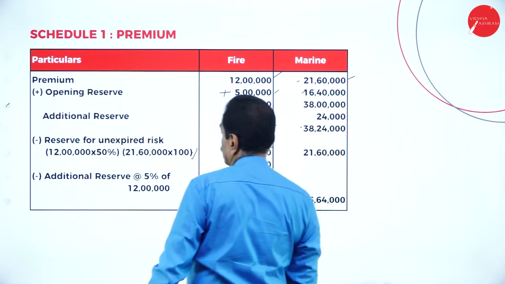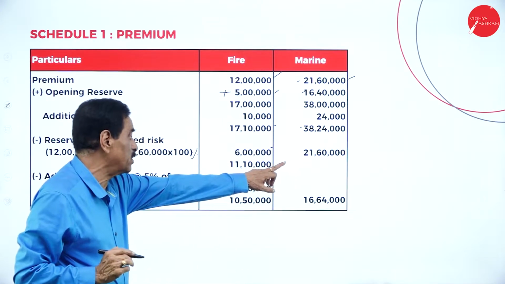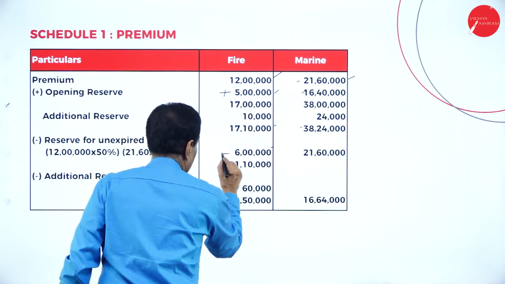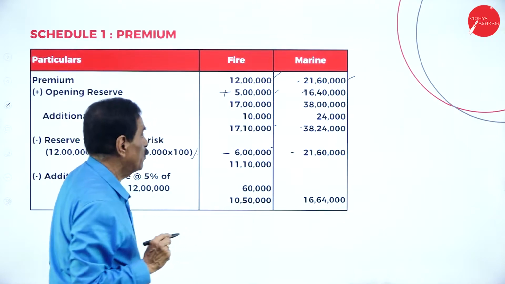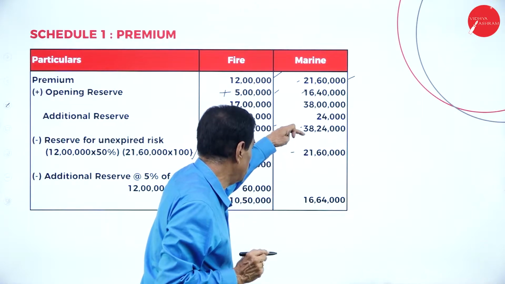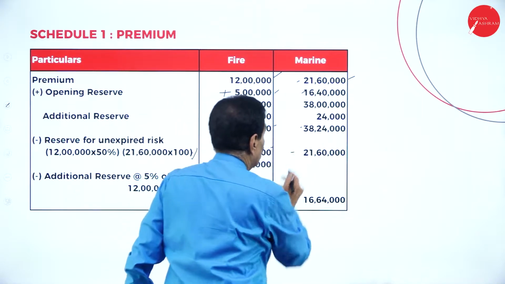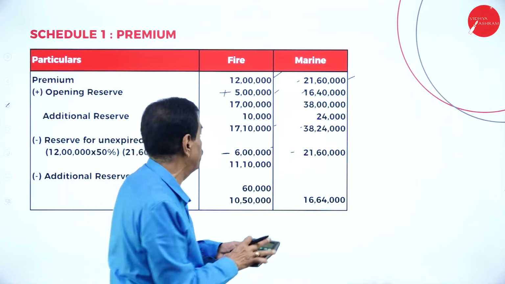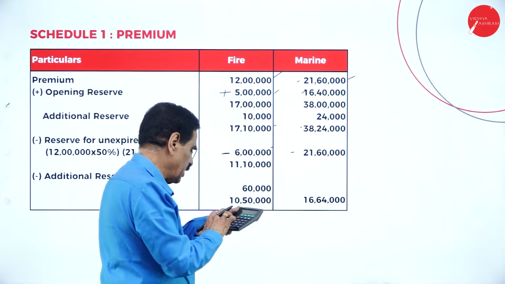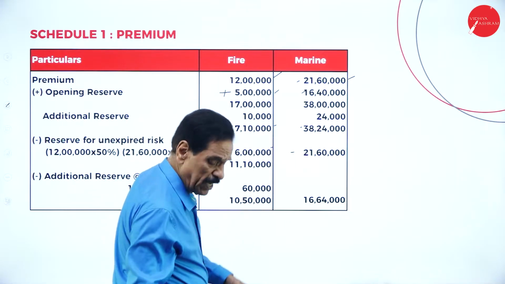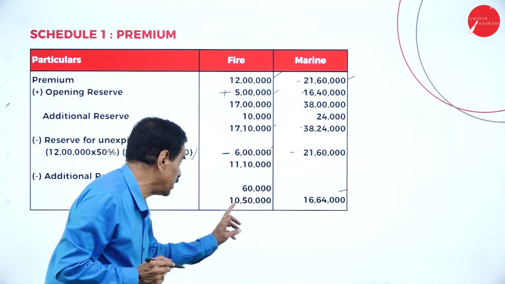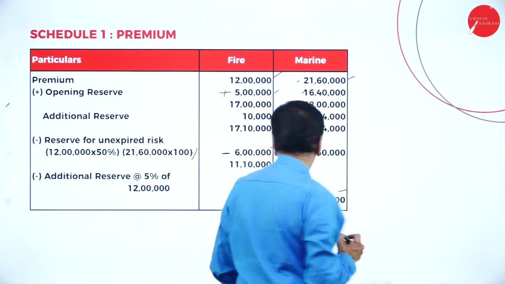So 38 lakh 24,000 minus 21 lakh 60,000 is 16 lakh 64,000. 11 lakh 10,000 minus 60,000 is 10 lakh 50,000. I will repeat once again.